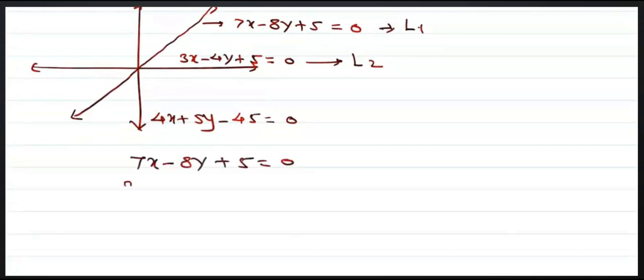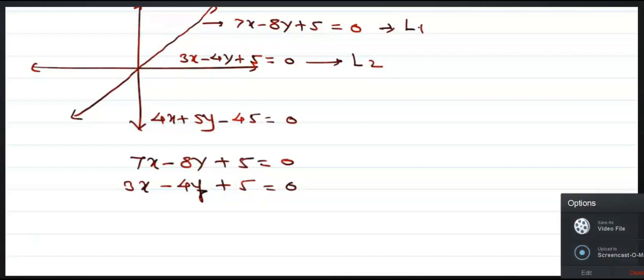Seven x minus 8y plus 5 is equal to 0. Now we'll solve these two equations. How to solve this? We'll take any two equations, solve them simultaneously, and whatever values of x and y we get, we'll substitute in the third equation. If it's satisfied, then the given lines are concurrent, and we can find their point of concurrence.